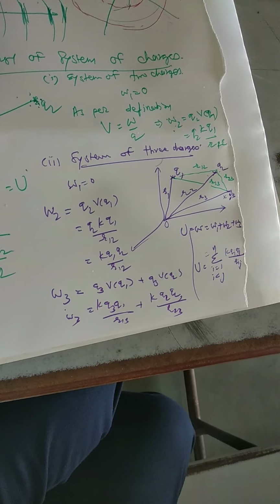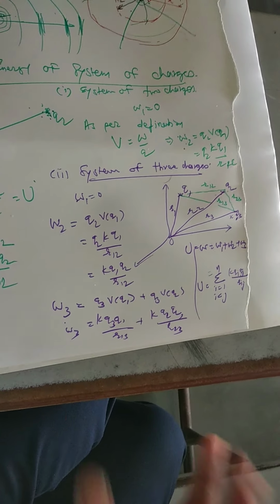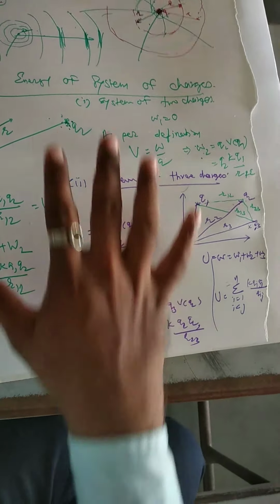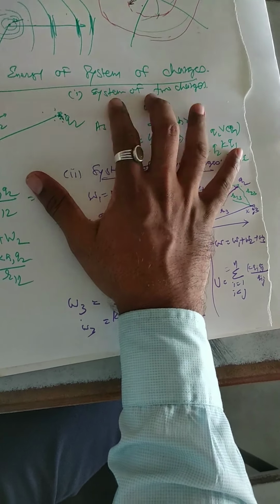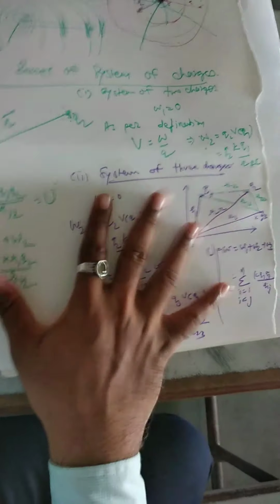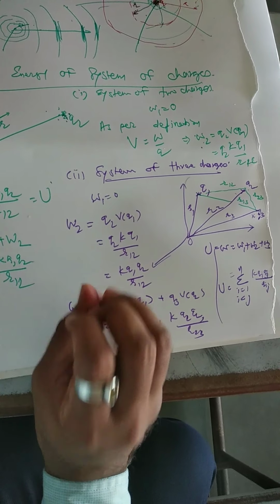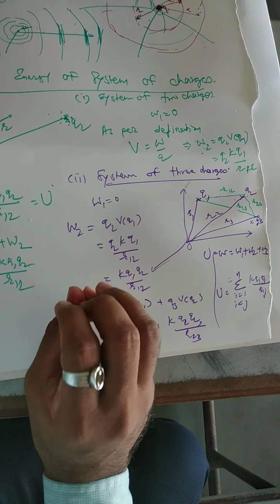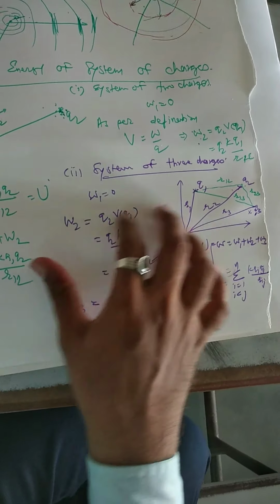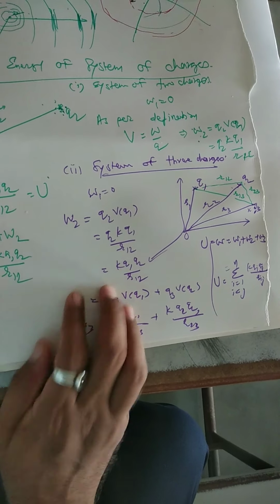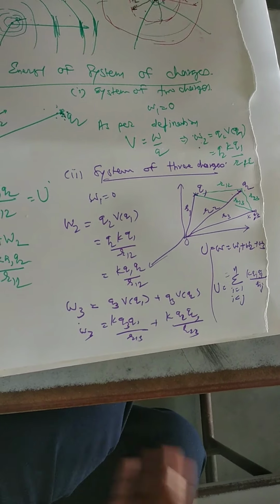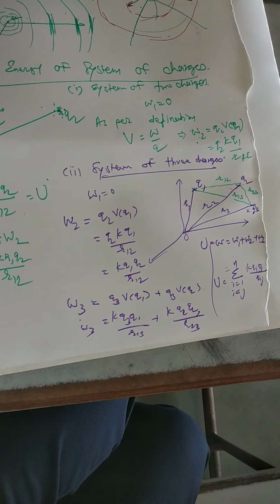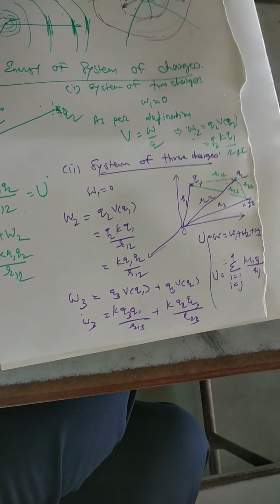Just remember that here, to find the potential energy of a system of two charges and three charges, we are considering that the electric field is the given field. Next time, when we go through other theories, the potential energy is generated because of an external field.